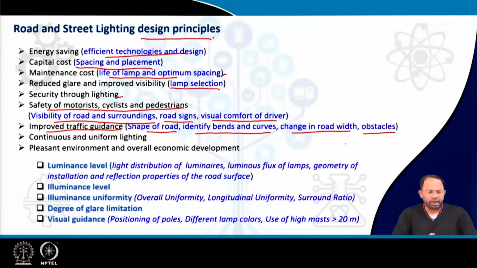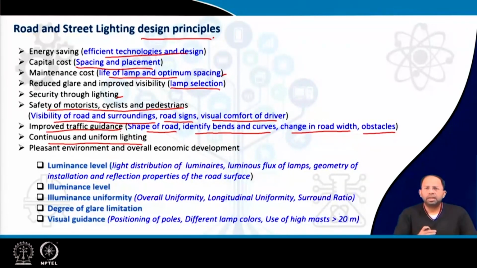Then continuous and uniform lighting. The lighting also should be very uniform. That means along a particular length of a road, the lighting levels should be uniform all throughout. There are also certain measures called longitudinal uniformity, and other forms of uniformity as well.